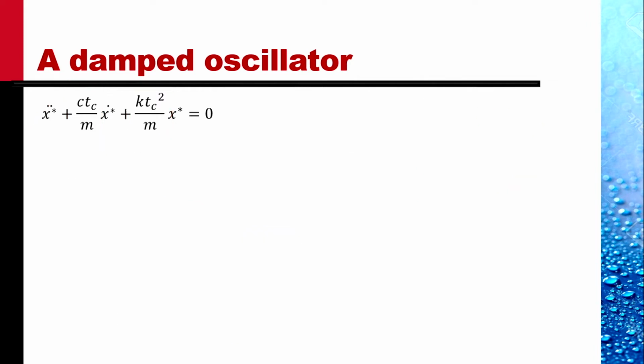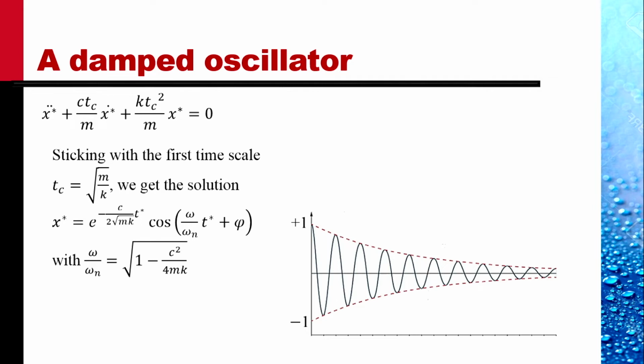The original equation again. If we look at the first case where the time scale is under root m by k, then we get these solutions. The exact solution of this equation is x star equal to twice e raised to power minus c divided by twice under root mk t star, cosine omega over n t star plus phi. Notice that in this solution, both the time scales are present.